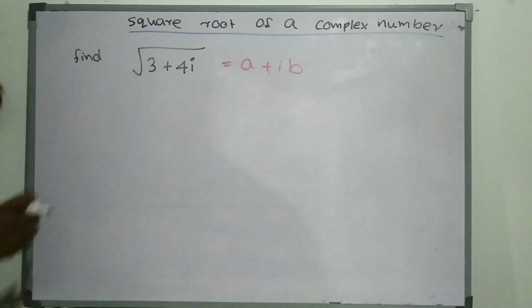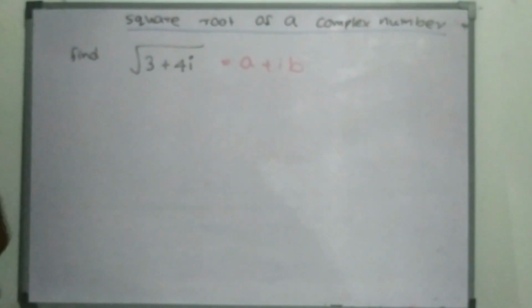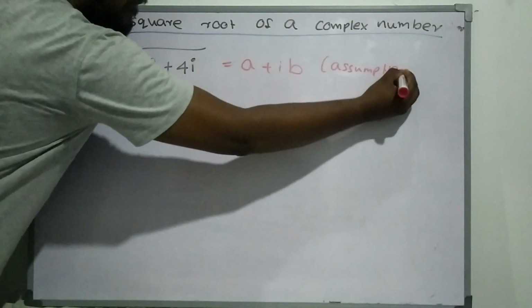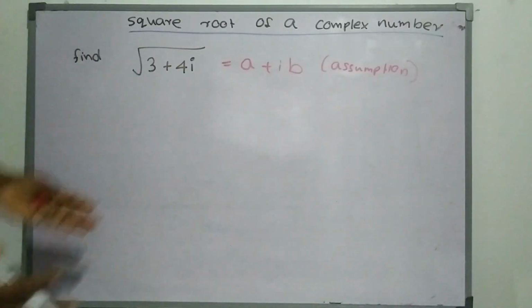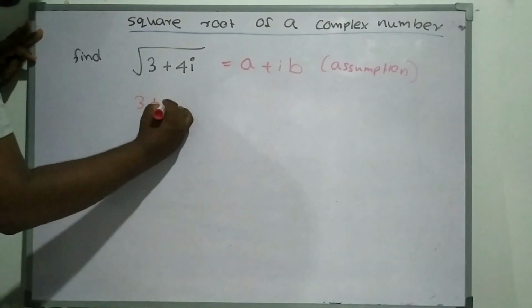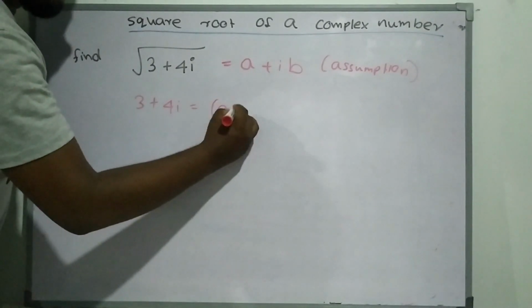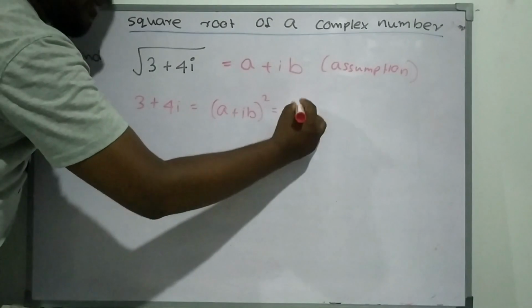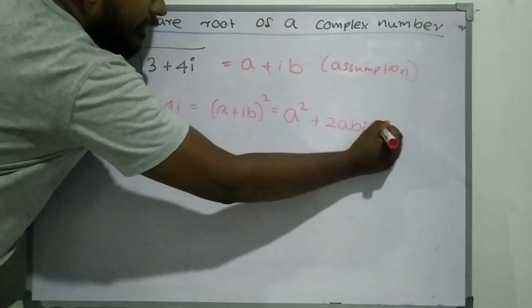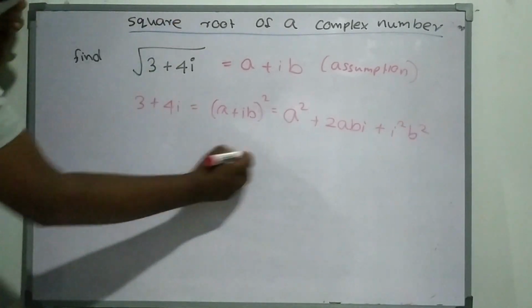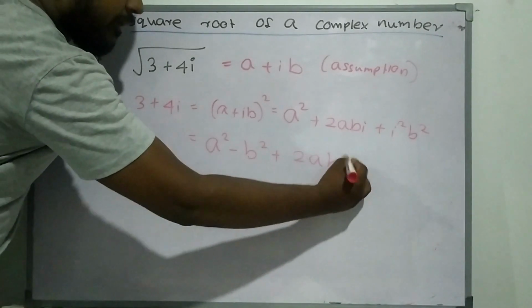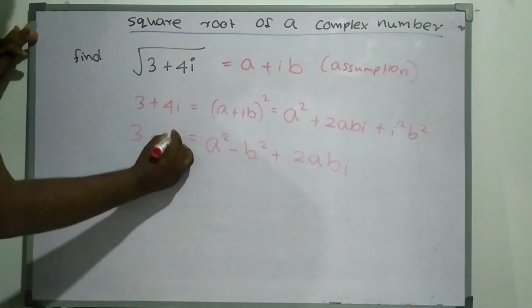This is my assumption. Squaring both sides, 3 plus 4i equals a plus ib square: a square, plus 2abi, plus i square b square.